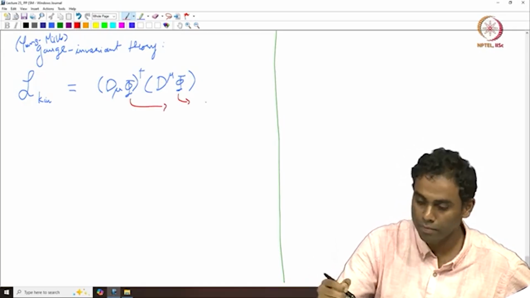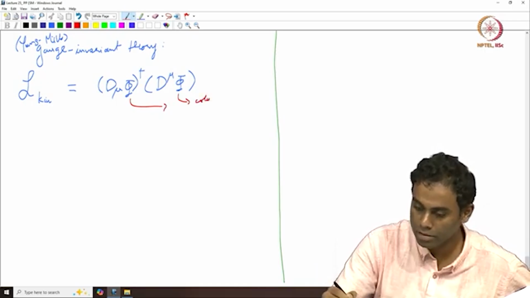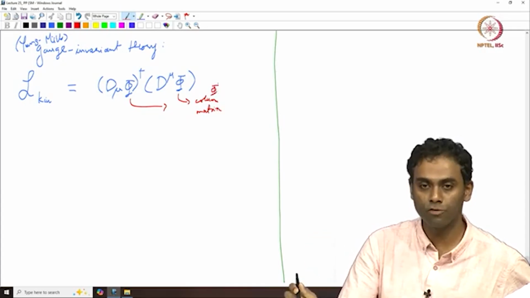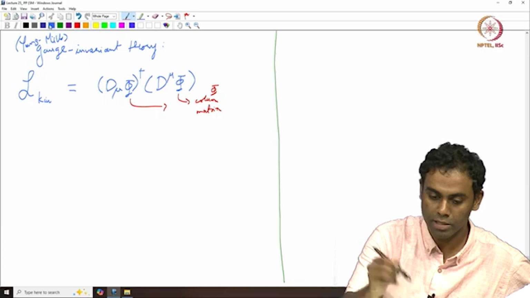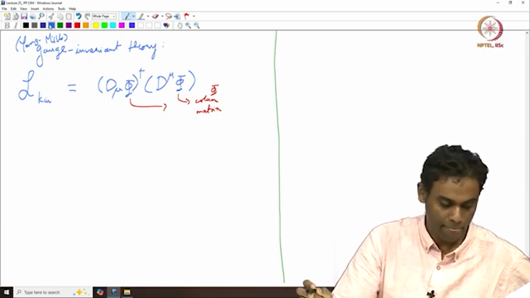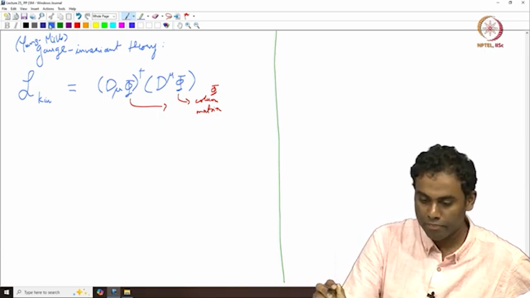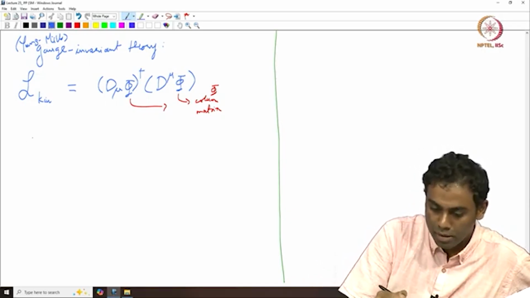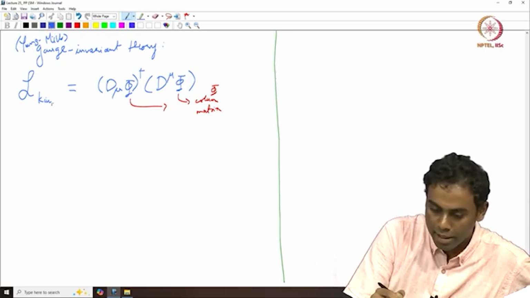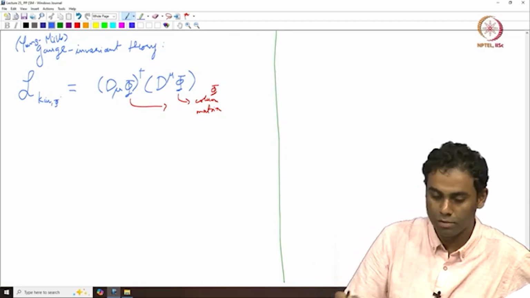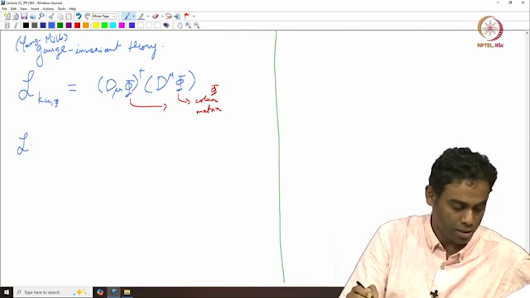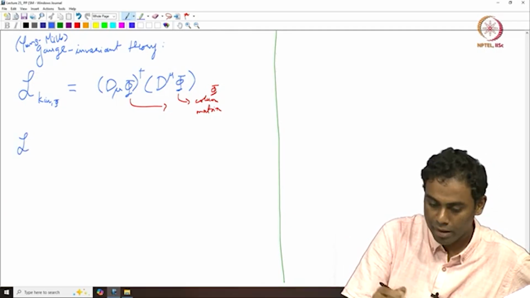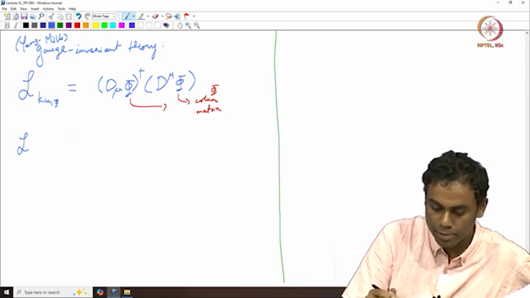Think of it as a column matrix, the phi, because we need to transform it under a square matrix, right? Okay, good. What else? That is the kinetic term. This is the kinetic term of the phi field. What about the kinetic term of the associated gauge boson field?